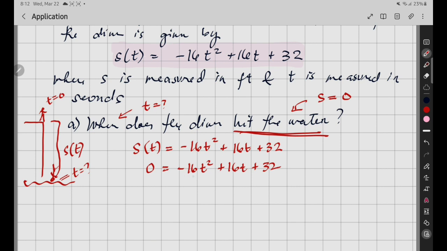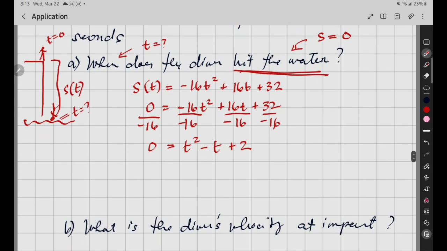Simplifying, we can divide all by negative 16. So we have 0 is equal to t squared minus t minus 2. So you have here our quadratic equation.